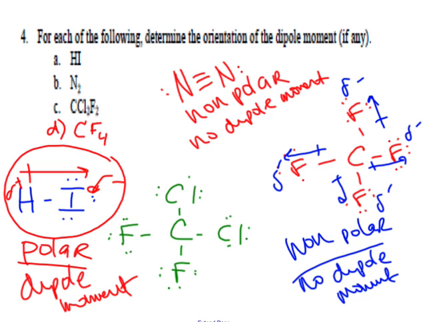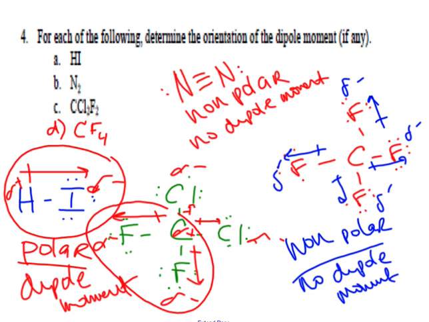Fluorine, who's pulling the electrons more? Fluorine is. So fluorines, I'm just going to use a size kind of to show the difference. Fluorine's got a little heftier pull on the shared electrons than the chlorines. We still have partial negatives all the way around, and we still have a partial positive here, but because of the increased electronegativity here, there is going to be a definite density increase of electrons on this side of the molecule.